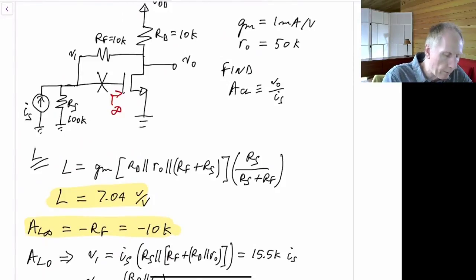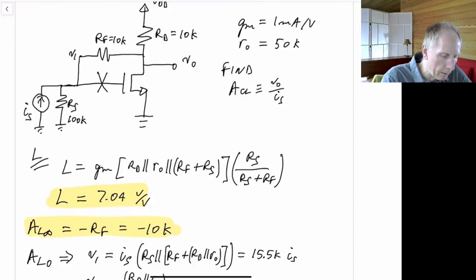So Z1 is infinity, and putting it onto the other side makes no difference. And we'll worry about Z2 in a second. Z2 is the impedance looking back here, and we'll need that when we're looking for A sub L0.